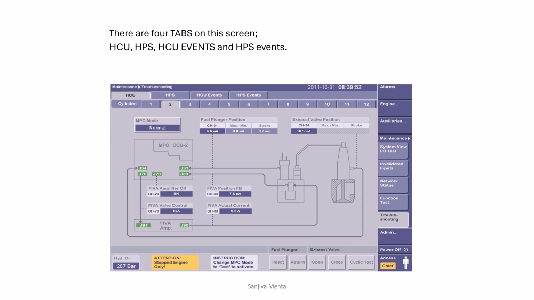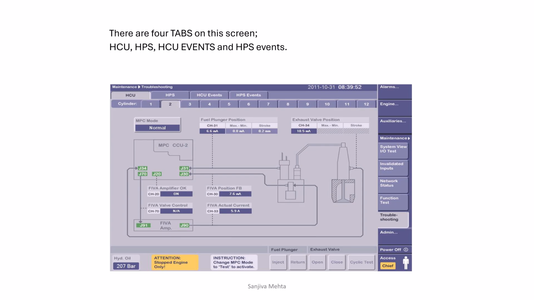For example, there are four tabs: SCU, HPS, SCU event, and HPS event. Here, when you are running an SCU, number two, MPC is normal, various values are being shown. This is the actual value. PO amplifier, channel 20, these values are being shown.